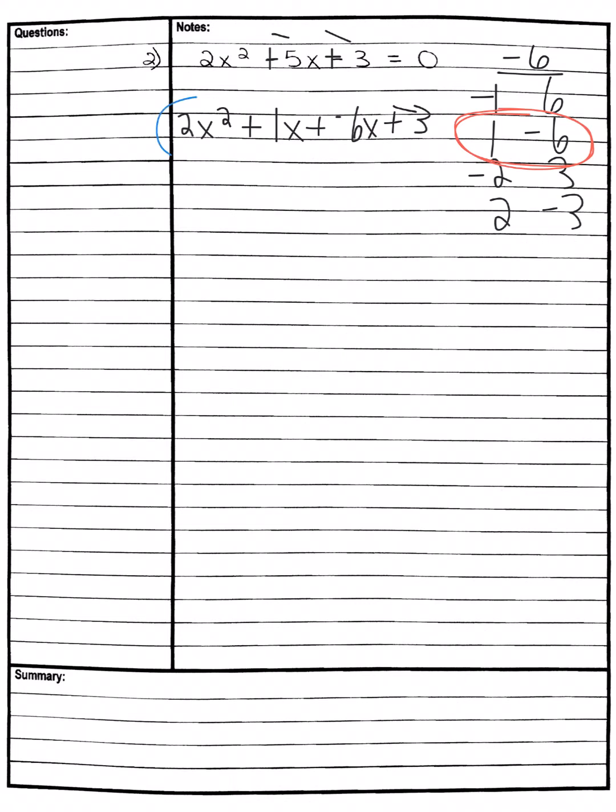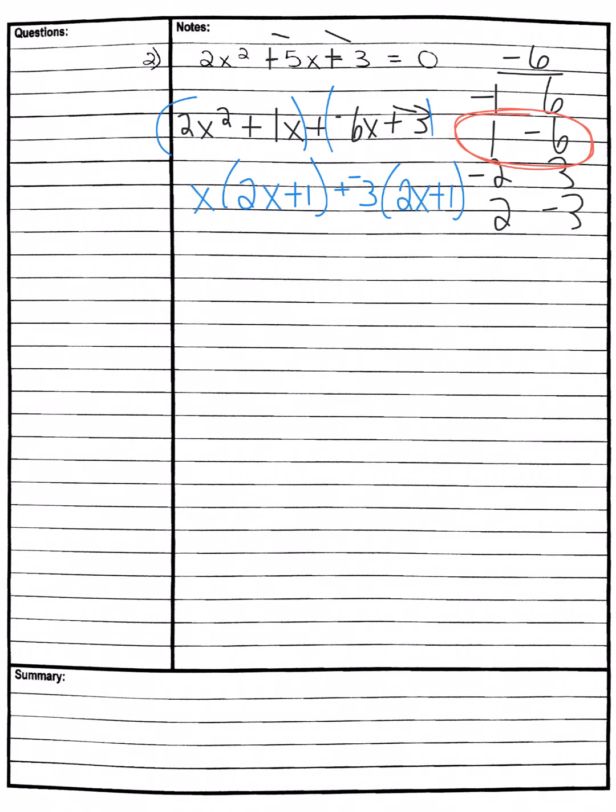Let's group the first two terms and my last two terms. The first two terms I can divide out an x. I'm left with 2x plus 1. The second grouping I can divide out a negative 3. I'm left with 2x plus 1.